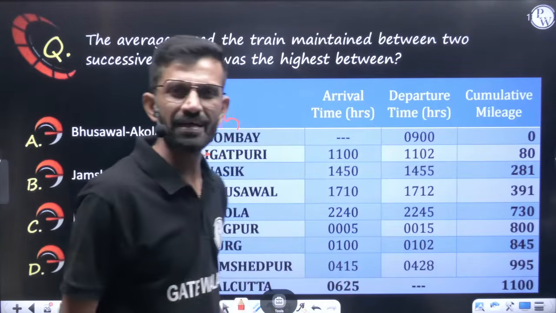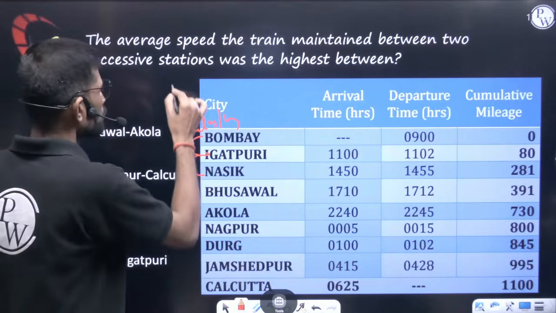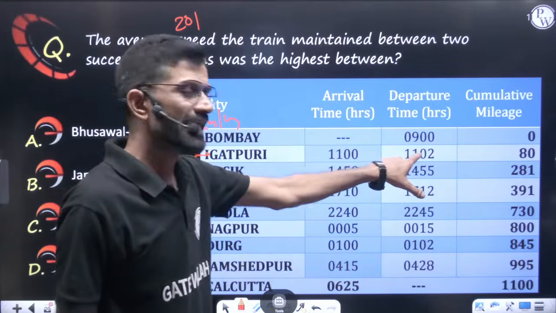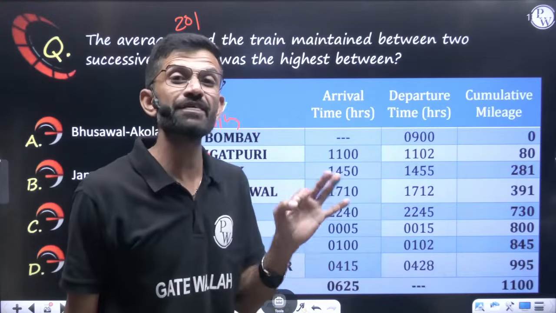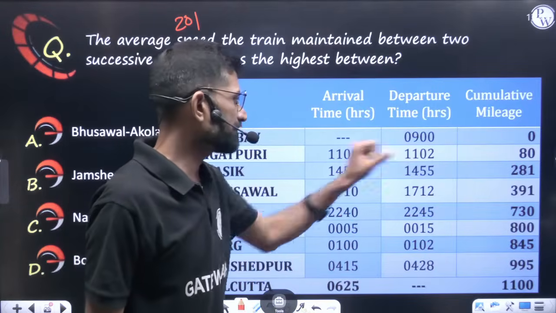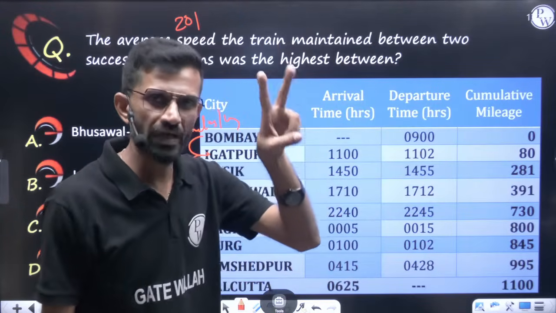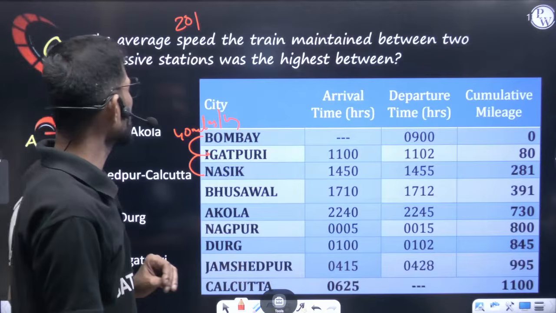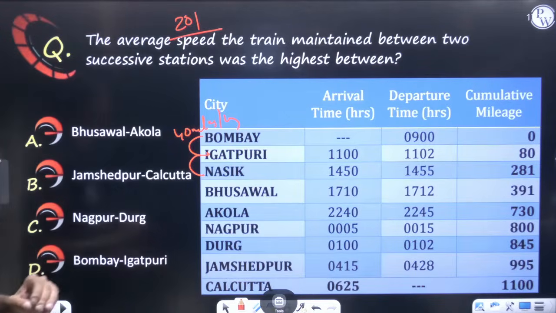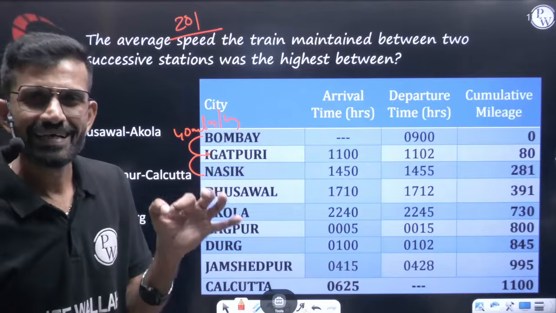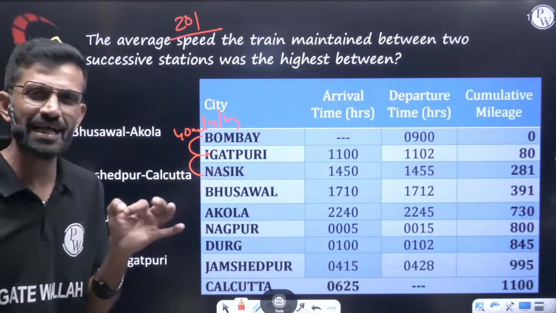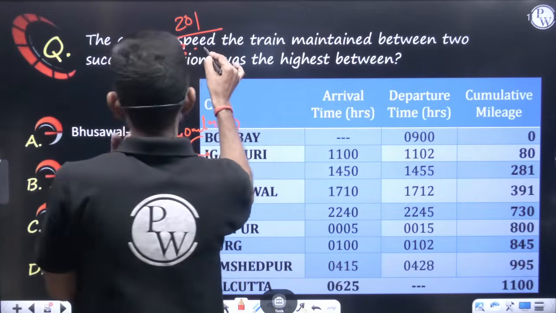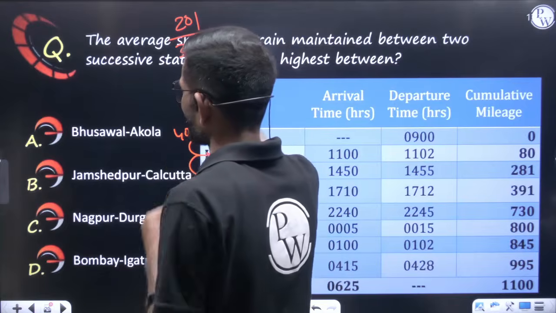Here 80 to 281, the distance is a total of 201 miles from Igatpuri to Nasik. Started at 11:02, reached at 14:50, which is actually 2:50 p.m. If we take 11:02 to 12:02, 12:02 to 1:02, 1:02 to 2:02, it is 3 hours and an extra 48 minutes. 48 minutes converted into hours can be written as 48 by 60, which is 0.8.